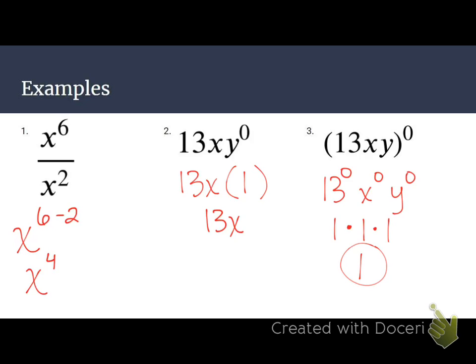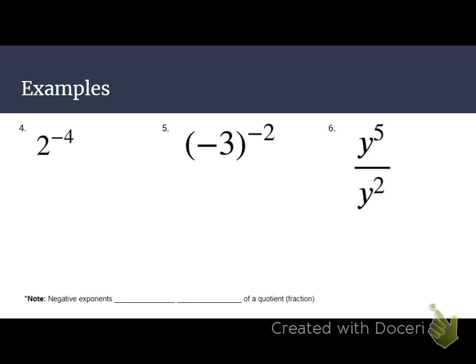In the future, I don't need you to show me all of this. You should be able to know that anything, including that whole big set of parentheses raised to a 0 power, is just equal to 1. This kind of shows why it works out that way. Questions, concerns on our first few examples? Need more time?